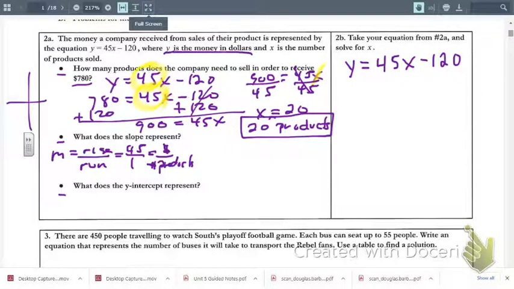All right, so we have the money per product. That's what the slope is telling us. So it's saying that they make $45 for every one product sold. All right, so we're going to write that down. We're going to use a different color to make it easier to see.